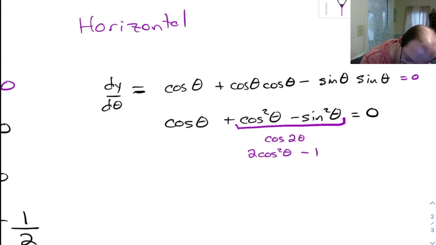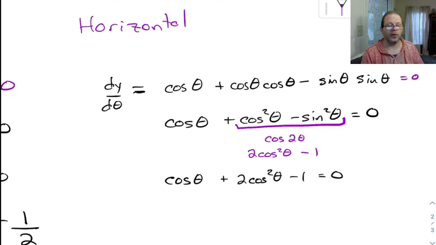So I can rewrite this equation as cosine theta plus 2 cosine squared theta minus 1 equals 0. You say, big deal, what good does that do? Well, we can actually factor this thing like it's a quadratic.